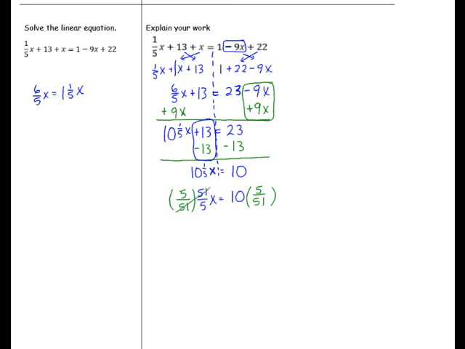A number times its reciprocal equals 1. 1 times x equals x. So now it is in the form of a solution, and we just need to multiply to find our final answer.